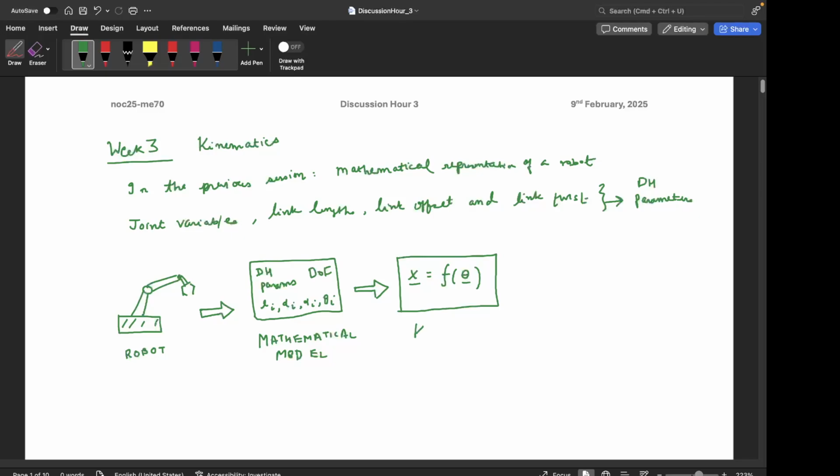So this is kinematics, where x is the task space variable and this capital theta is the joint space variable.